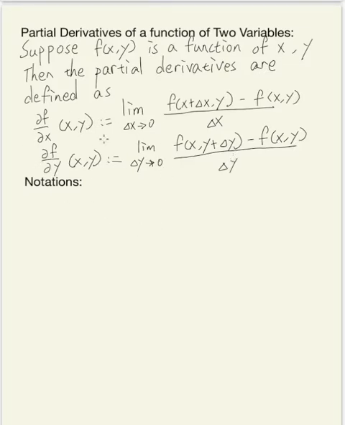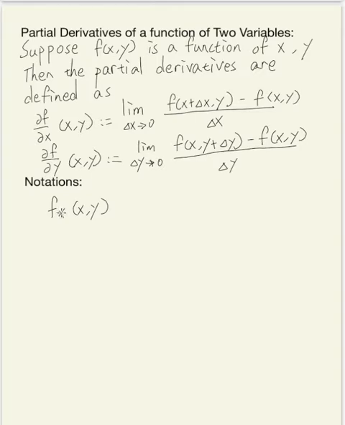Now there are a couple of different notations for partial derivatives, and they are all equivalent. So let me write these out. Suppose again we have this function f of x and y, so it's a function of two variables. Then we can write it this way: f sub x of x and y.